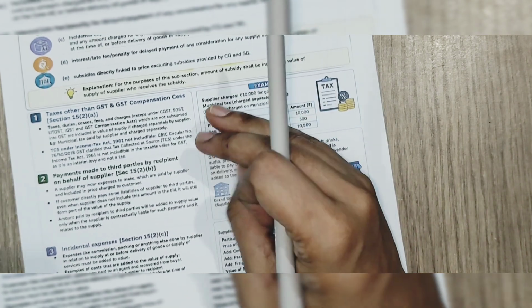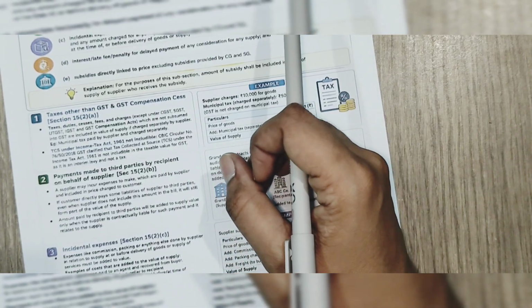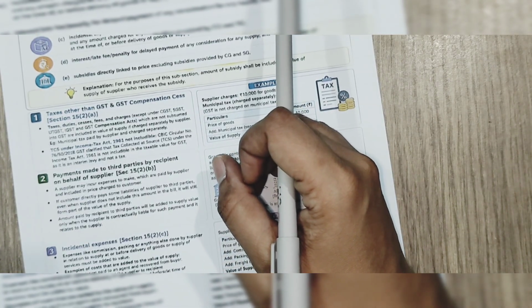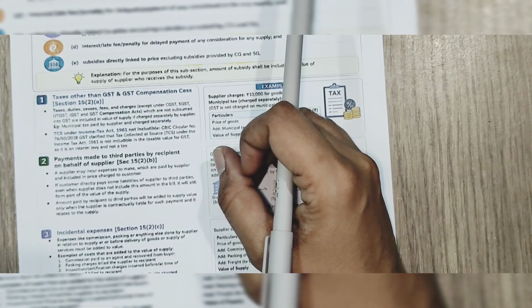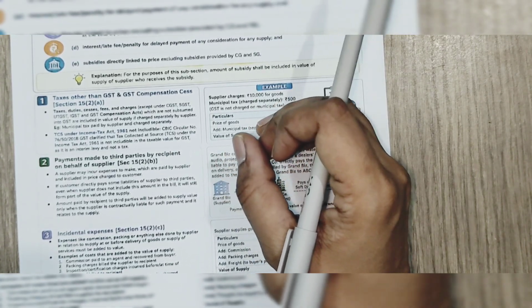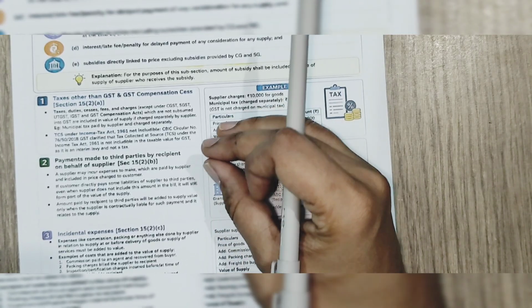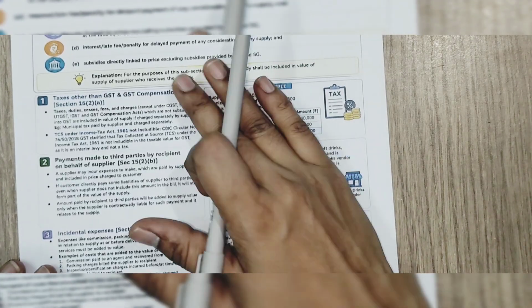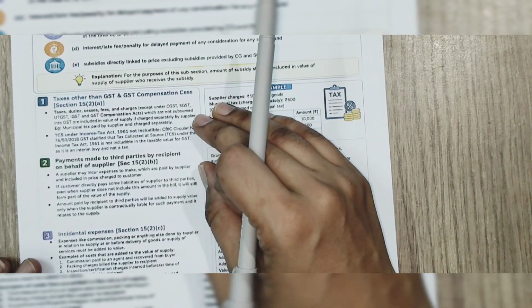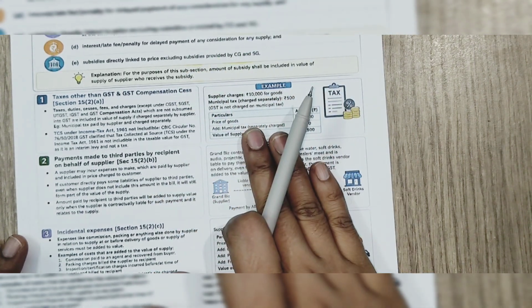In the food, ice cream is also included. But the event manager gave the order for the ice cream to a third party. The third party came, did his duty, and said, please pay me immediately. The event manager said, no, I don't have money, I'll pay later. But this third party is not agreeing.